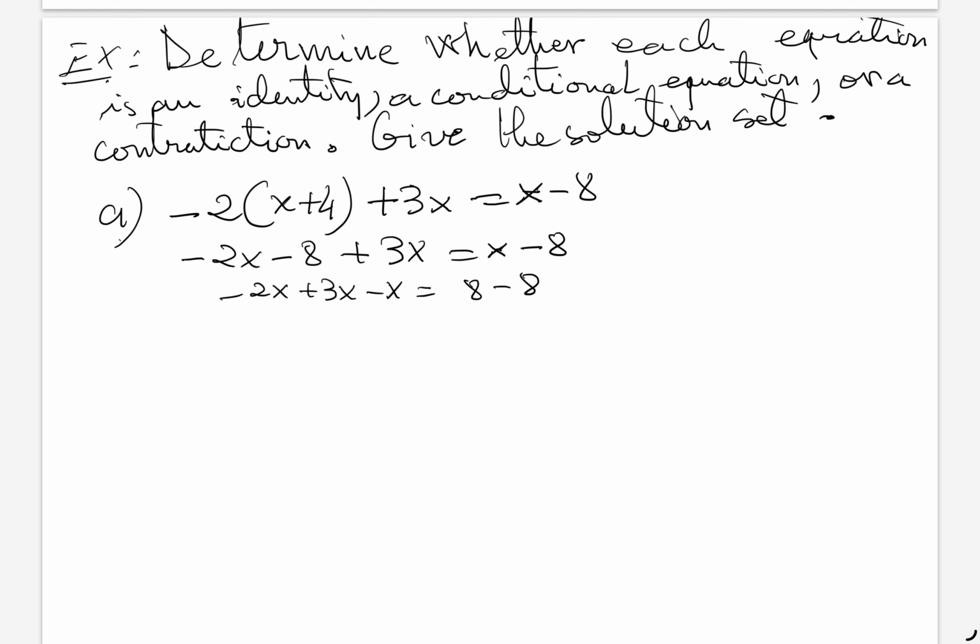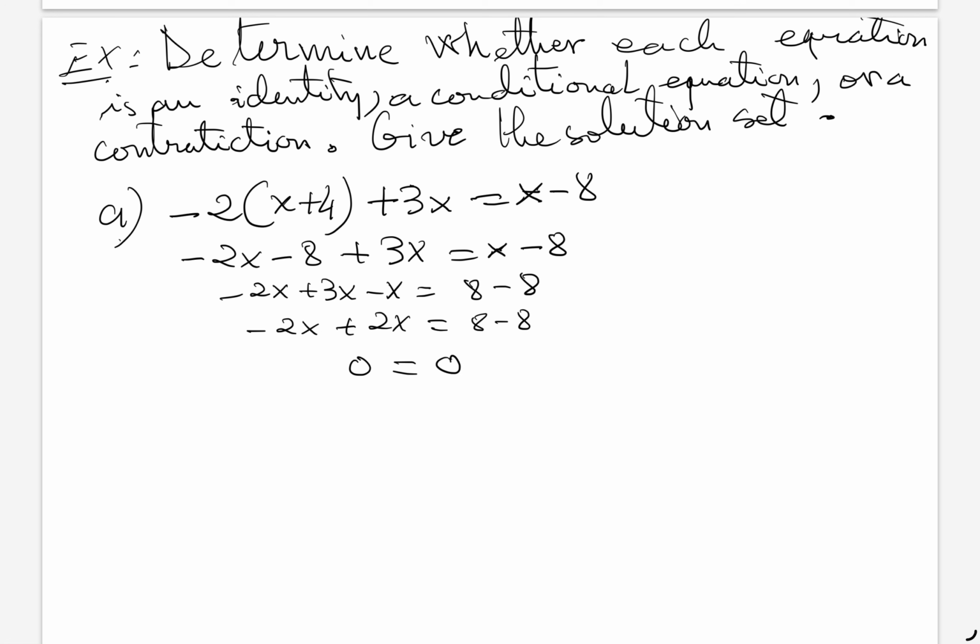So here you have negative 2x plus 3x minus x. If you add them up, you have 0x. So 0 is equal to 8 minus 8. And you can see exactly here, 0 is equal to 0.